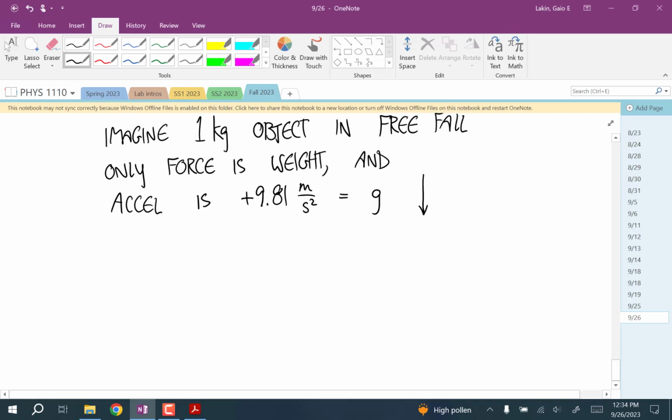So now go to Newton's second law, and we're going to try to figure out the force that's applied by gravity. We'll use a coordinate system with the y-axis pointing up. So this is going to be equal to 1 kilogram times the acceleration of negative 9.81 meters per second squared.